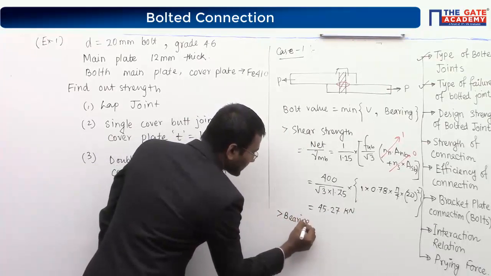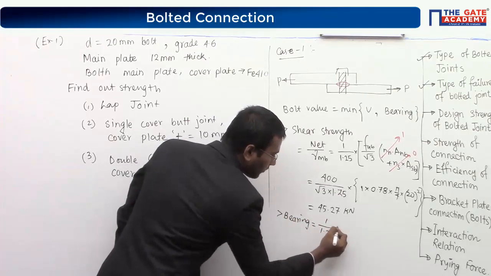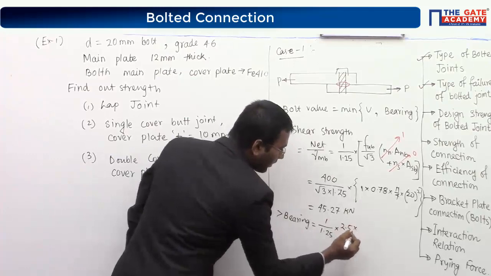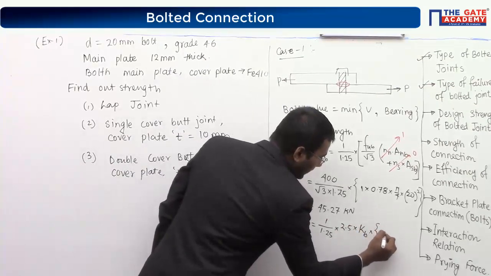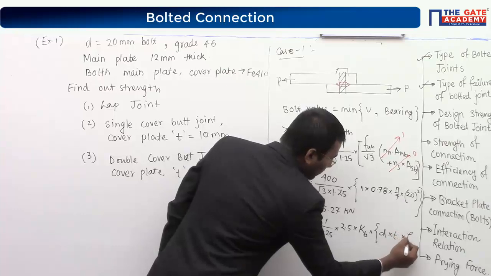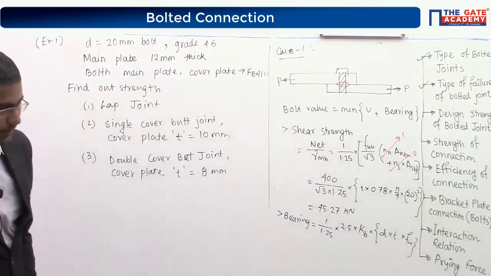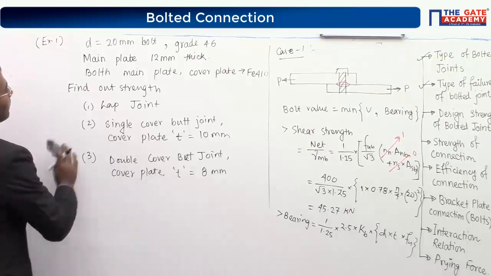Now what is the bearing strength? Bearing strength equals 1 by gamma mb, 1.25, into kb, 2.5 into kb, where the kb value we have to calculate, multiplied by d into t, multiplied by fu.